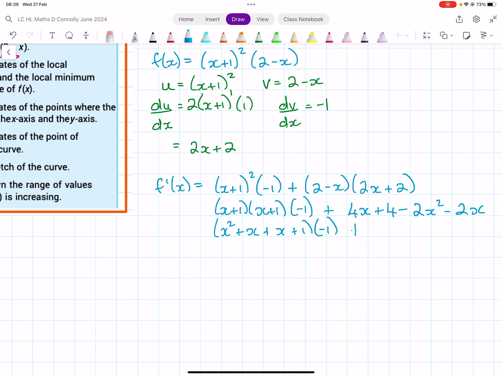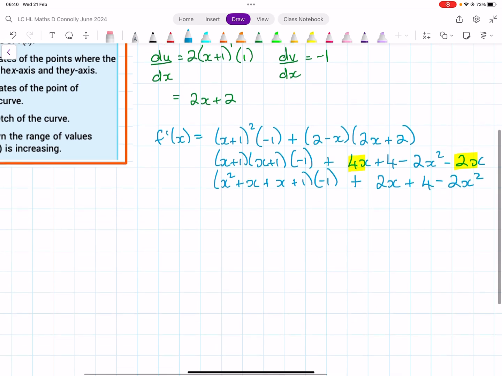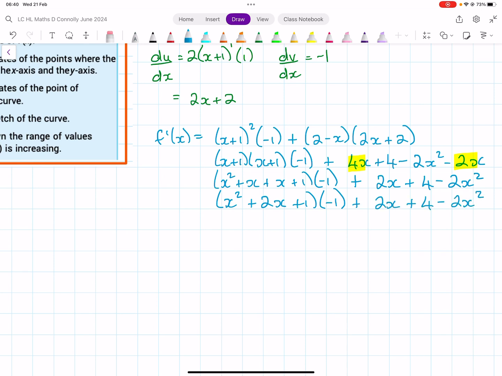Can I tidy this up? I can. Just bring these two together. So it's 2x plus 4 minus 2x squared. This one is x squared plus 2x plus 1 times minus 1 plus 2x plus 4 minus 2x squared.